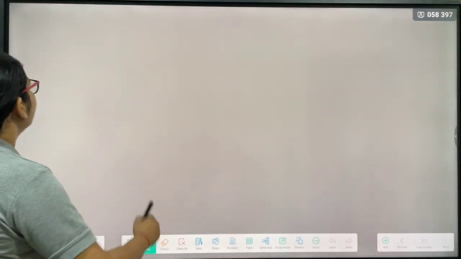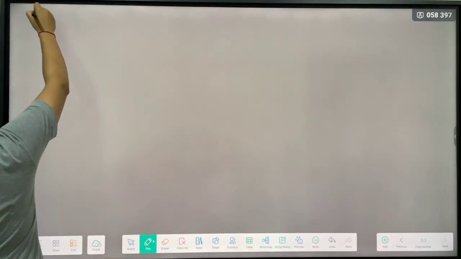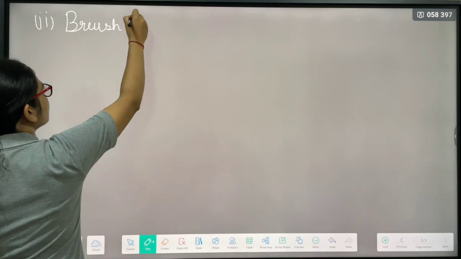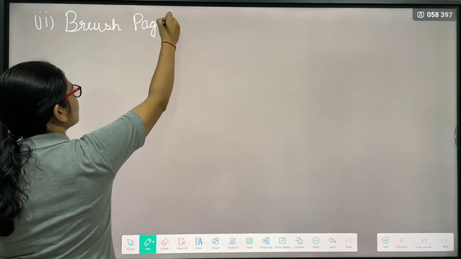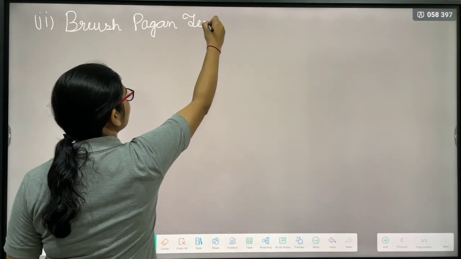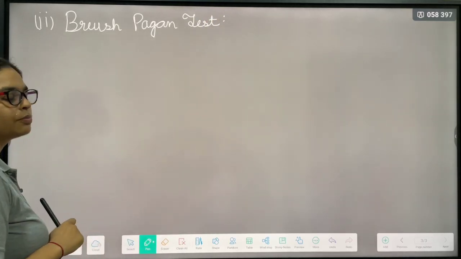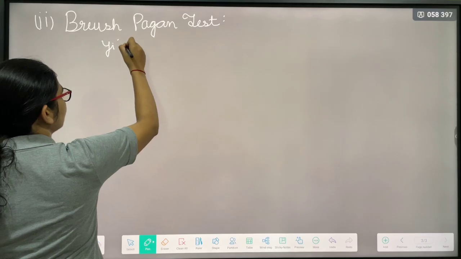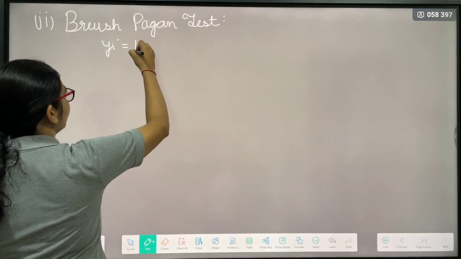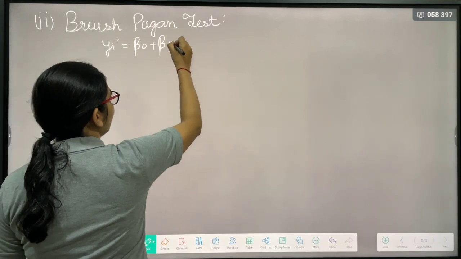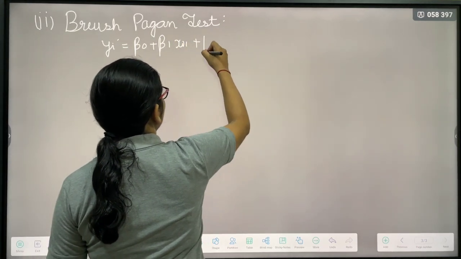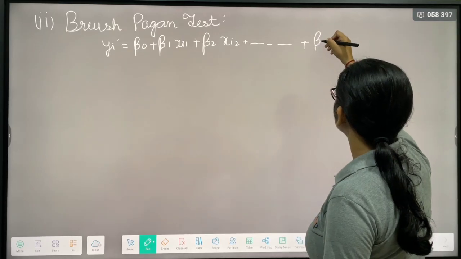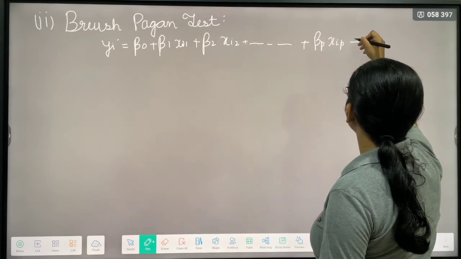Next is the Breusch-Pagan test. For this Breusch-Pagan test, firstly we will take the model y_i equals beta naught plus beta 1 x_i1 plus beta 2 x_i2 up till beta p x_ip plus epsilon_i.